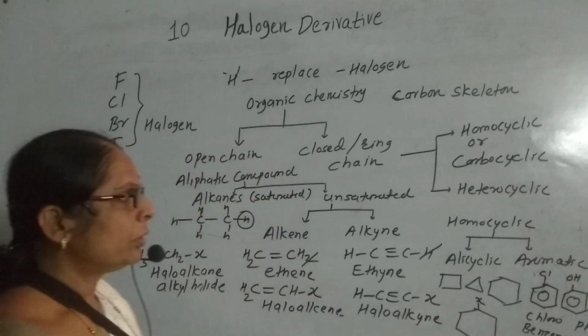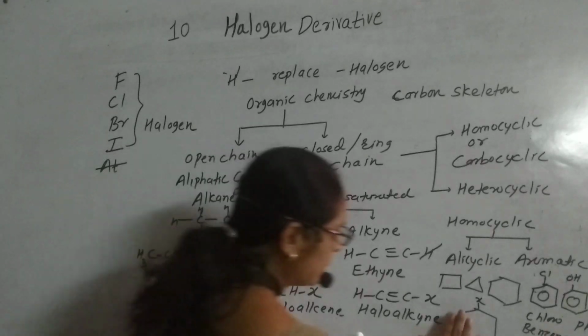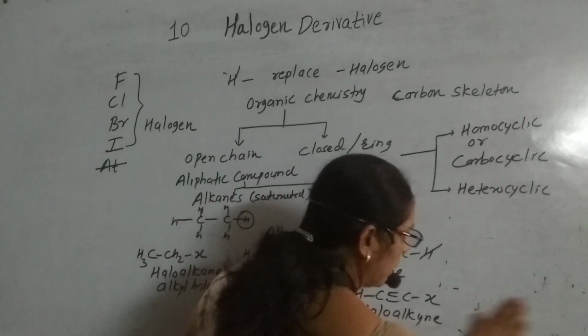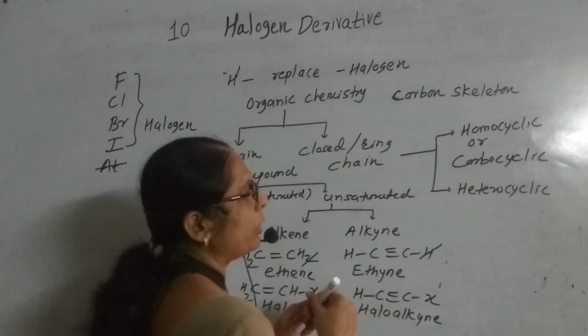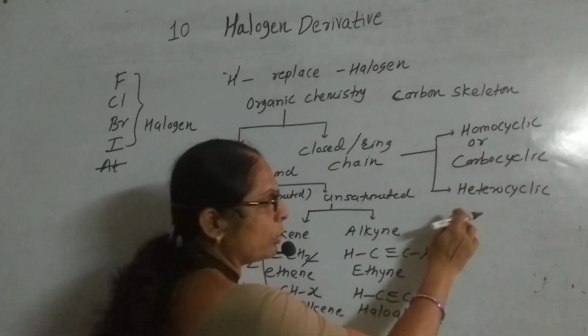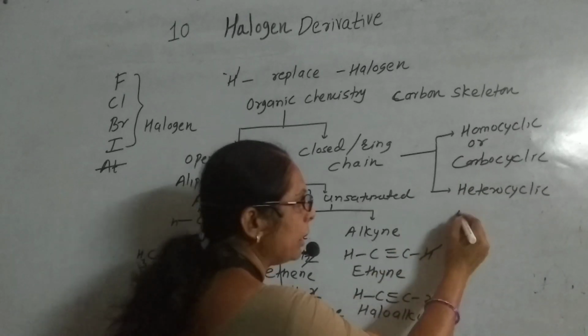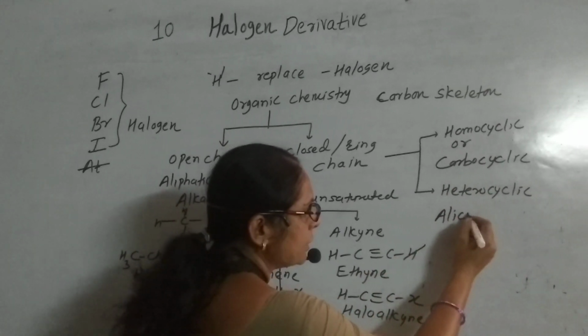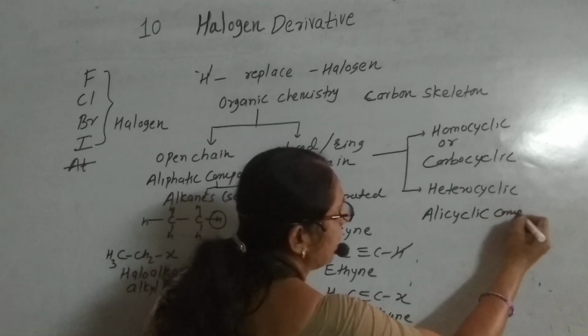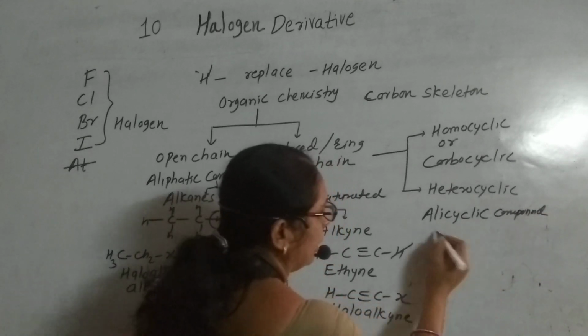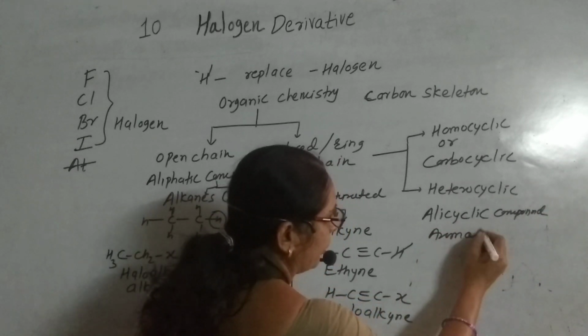So again, when I consider homocyclic and heterocyclic compounds, the homocyclic compounds are alicyclic compounds and aromatic compounds.